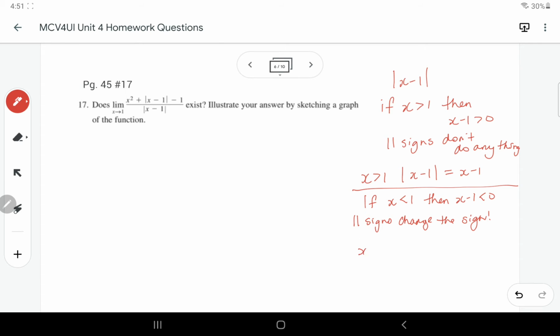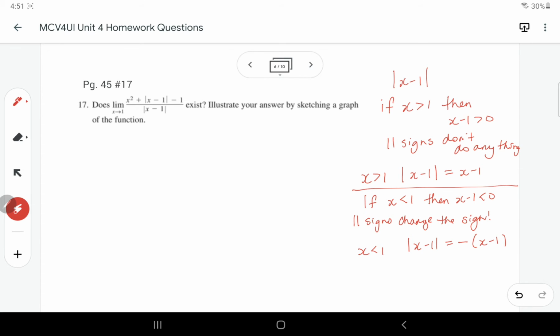So for x less than 1, the absolute value of x minus 1 is actually equal to negative of x minus 1. It multiplies it by a negative to change the sign, because the x minus 1 would be negative, so you need to put a negative in front to make it positive.